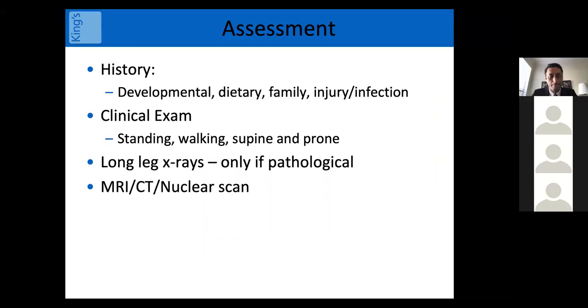Clinical examination should take place in standing, and you should see them walking, and then make them supine on the table and examine them prone too for rotational profile. By this time, one should be able to confidently evaluate a physiological genu varum. Long leg x-rays are only necessary if it is pathological, and even rarely MR and CT scan if you're looking for tumors and fusions.